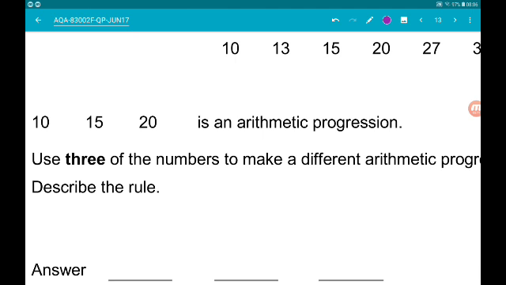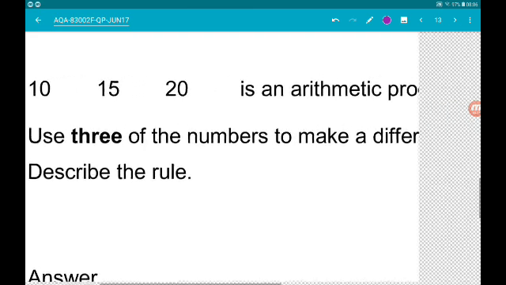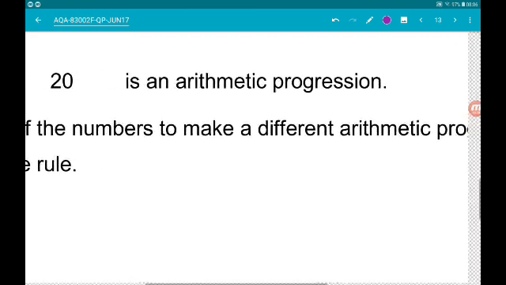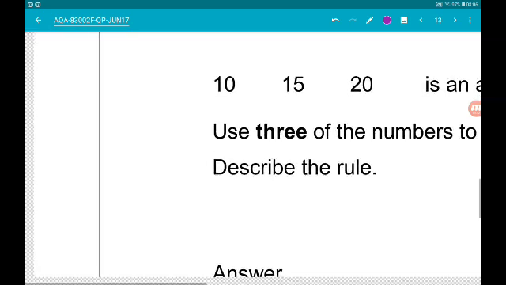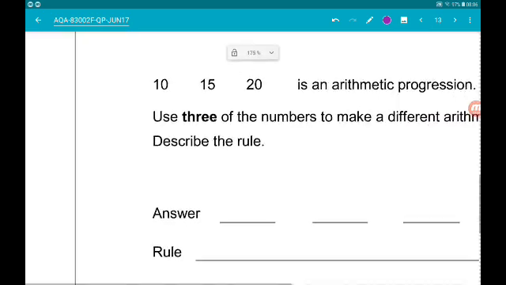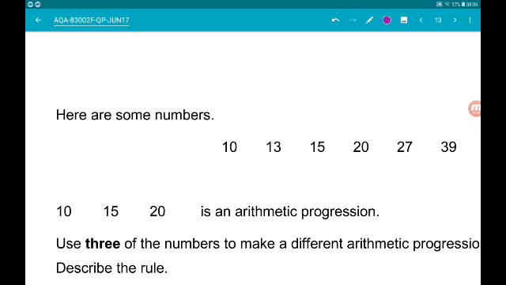Progression just means sequence. Use 3 of the numbers to make a different arithmetic progression. Describe the rule. Okay, so we need 3 numbers where we can get from number to number by adding or subtracting the same amount.